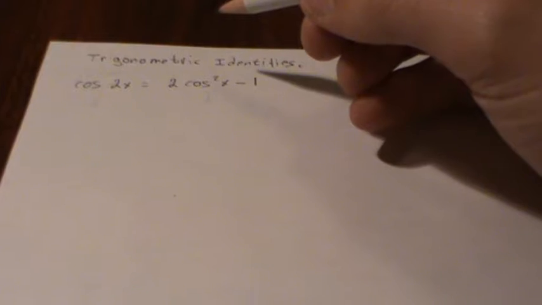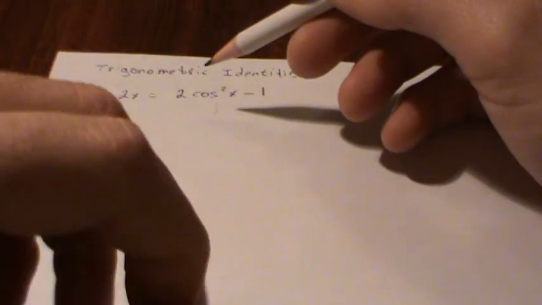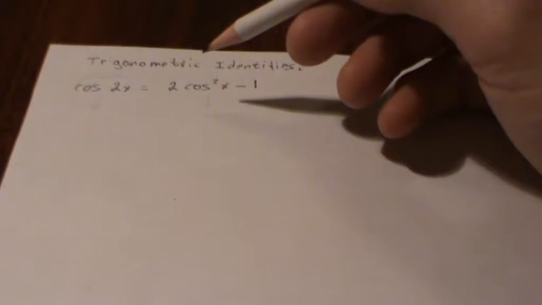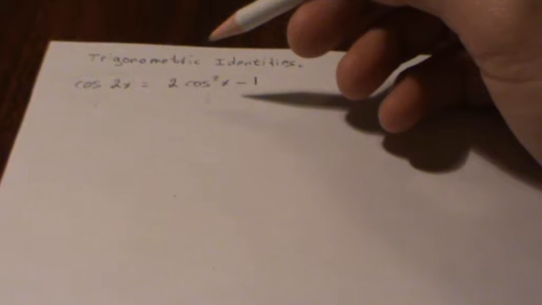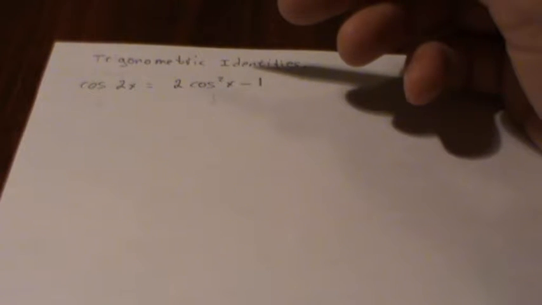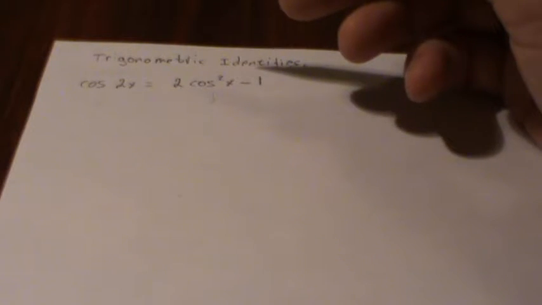What I mean by legal algebra is you can do the same thing to both sides of the equation. You have to be careful when you divide, though. You're not really supposed to be dividing very much, because at times cosine and sine can be equal to 0, and you're not allowed to divide by 0. And so we're going to try and avoid dividing.